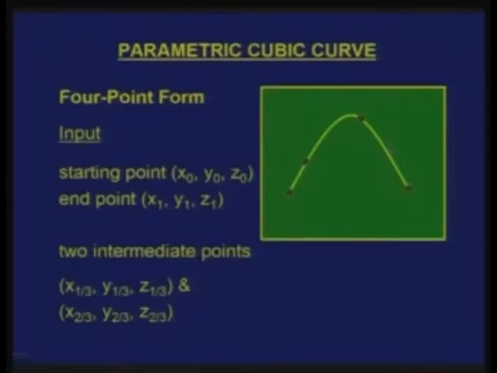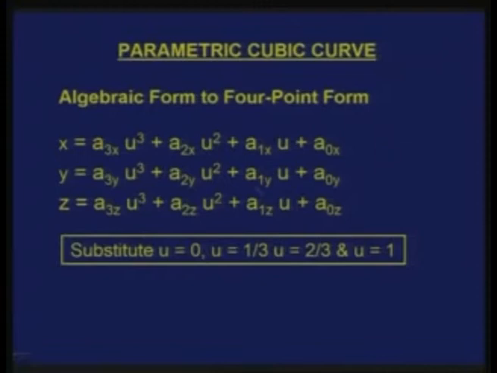How is that? If I look at the algebraic coefficients, this is my starting point. I have defined this, and now I can substitute for those 4 points which are the input. So, what are the inputs? x0, y0, z0 and so on, which are shown here.